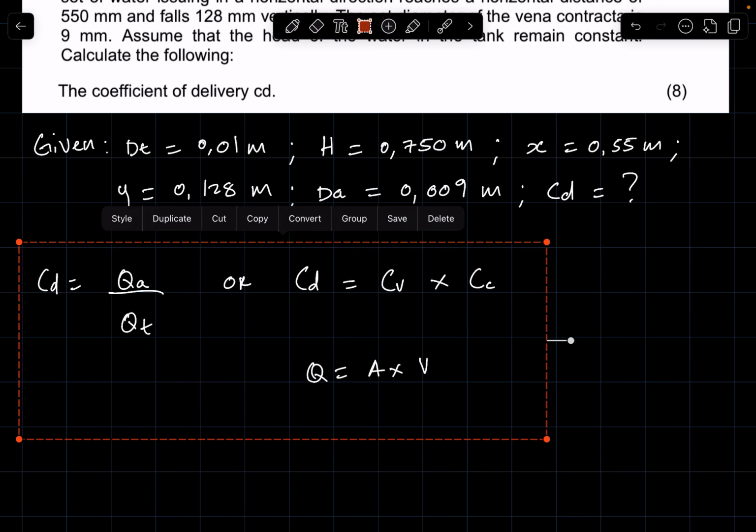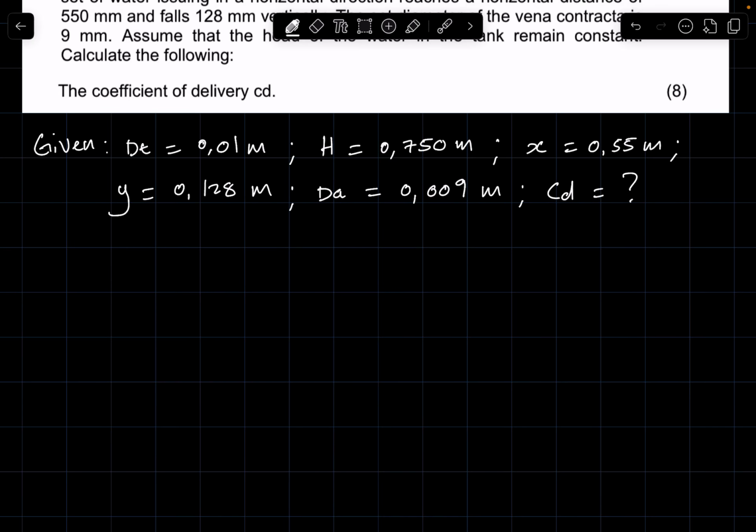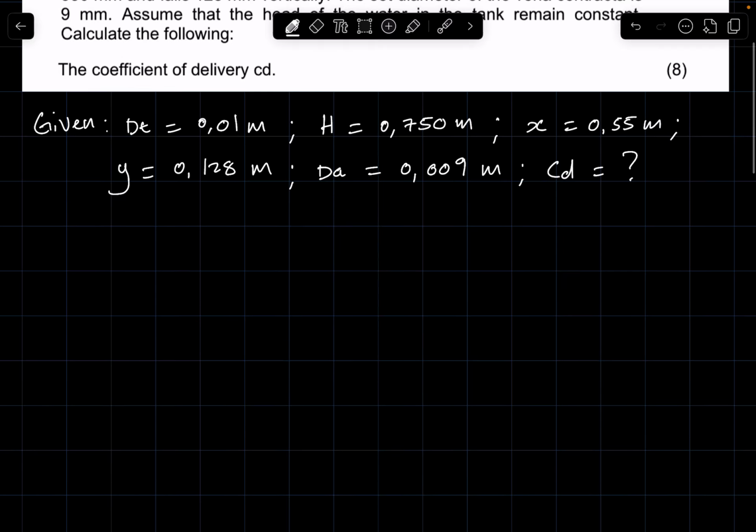So after having established how you are going to get to what we are looking for, you then start doing your solution. We know we have to get the velocity, so we calculate our velocity, right? Based on what we are given, we are able to get both the actual and theoretical velocities.